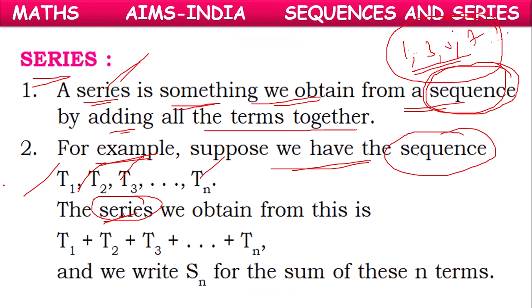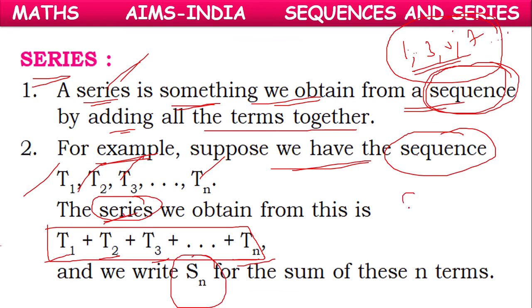We have to add all the terms together: T1 plus T2 plus T3 and so on up to Tn. And we write Sn, the sum of n terms, and the symbol is Sn.